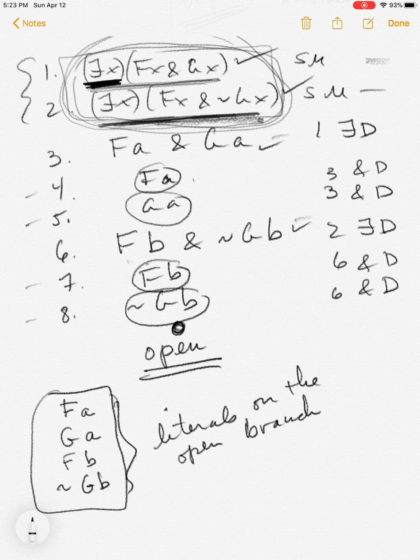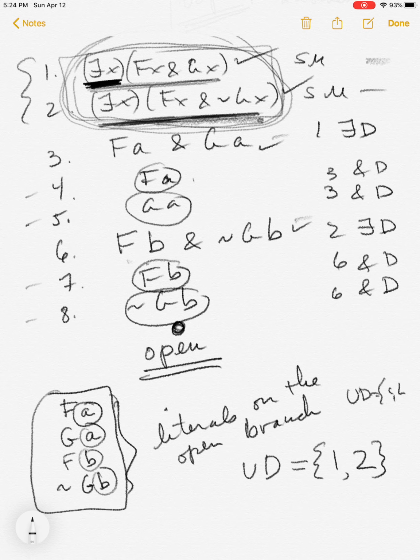These 4 literals suggest an interpretation with a universe of discourse that has 2 things in it. One of those things is named by A, and one of those things is named by B. So I'm going to have A name 1 and B name 2. Now I'm not having my universe of discourse have A and B in it. A and B are constants, so I don't want to make a use-mention confusion here. So A is my constant that names 1, and B is my constant that names 2.